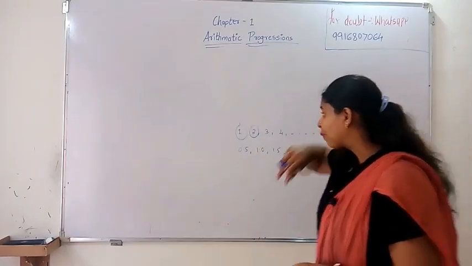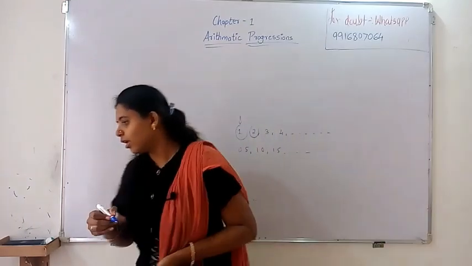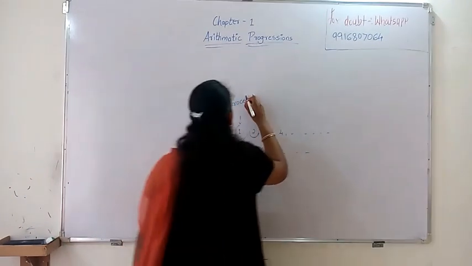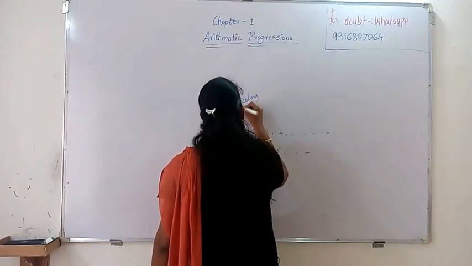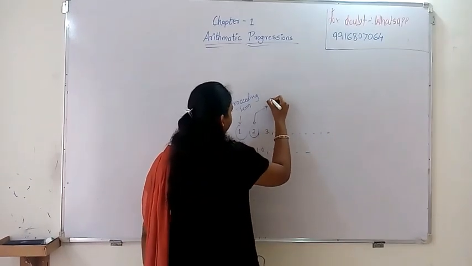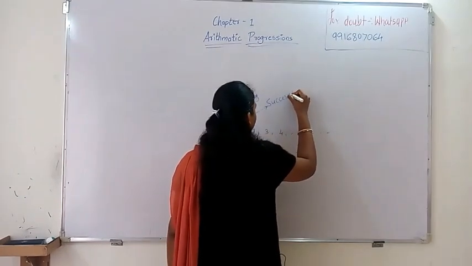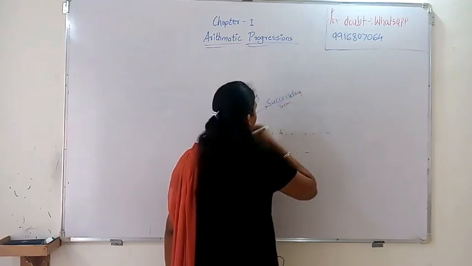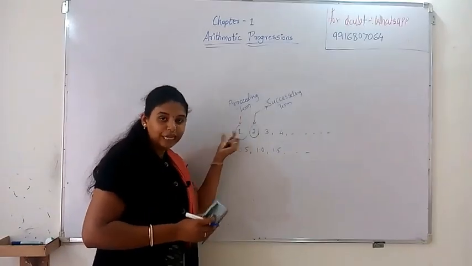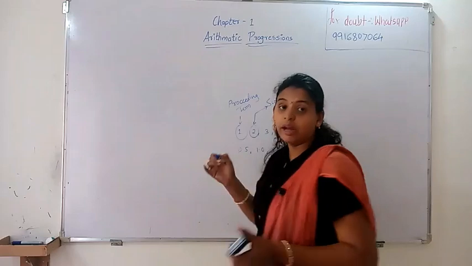So this first number is nothing but the preceding term, and this second number is the succeeding term. Again same thing.